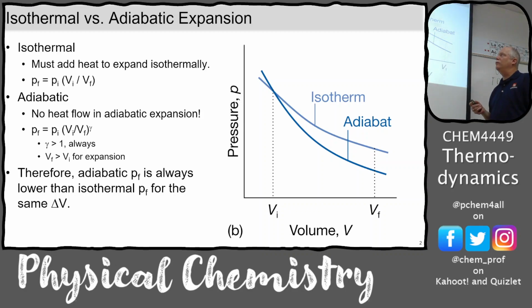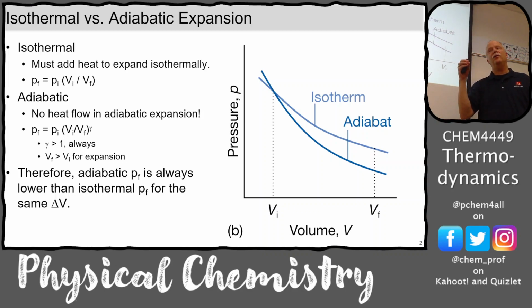So for isothermal expansion, as we're expanding from this initial volume to this final volume, in order to stay isothermal, see that if we just expand, the gas cools because we're getting rid of the intermolecular attractions.